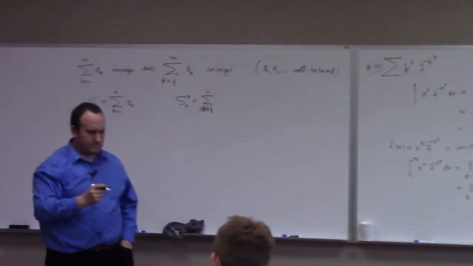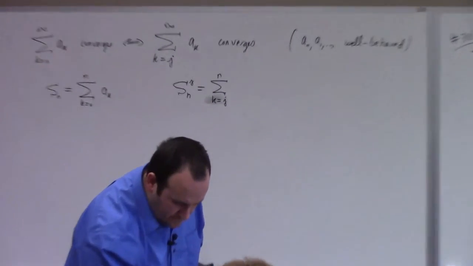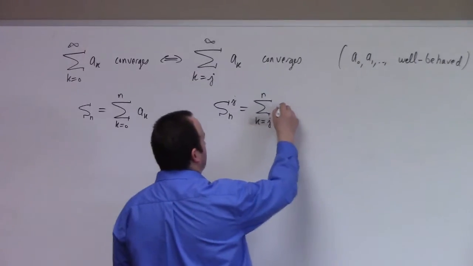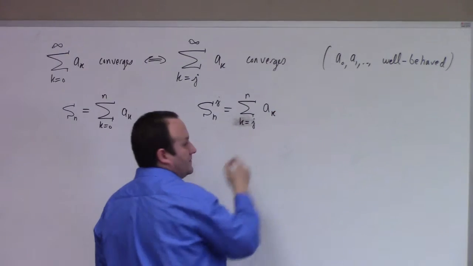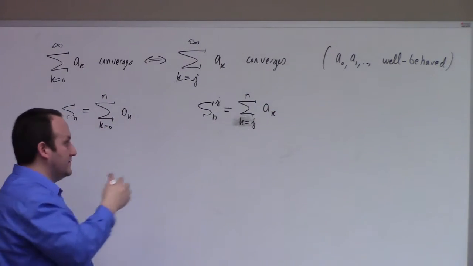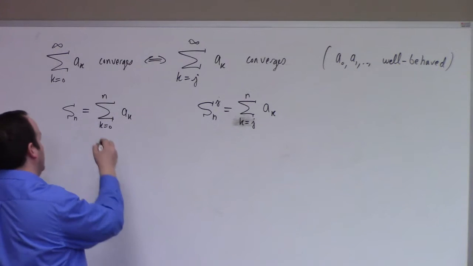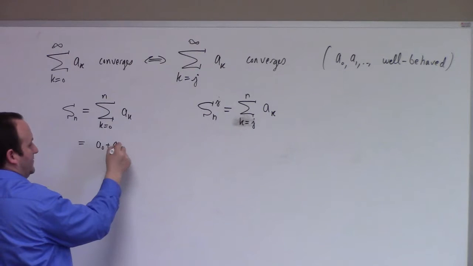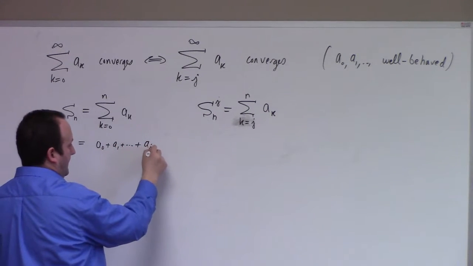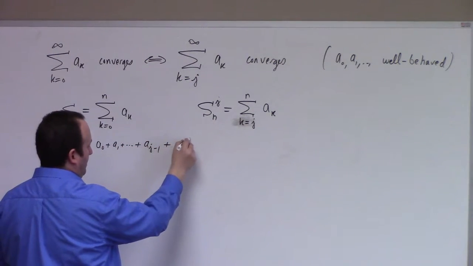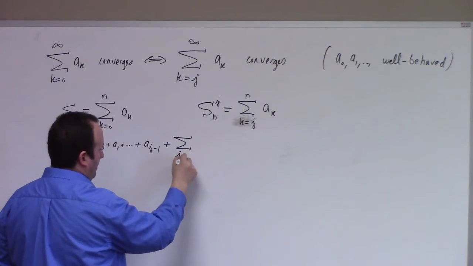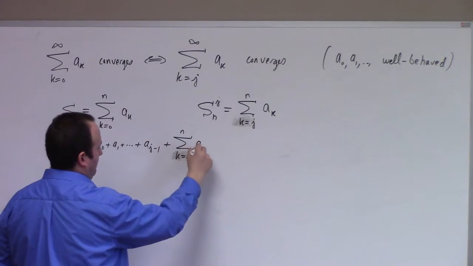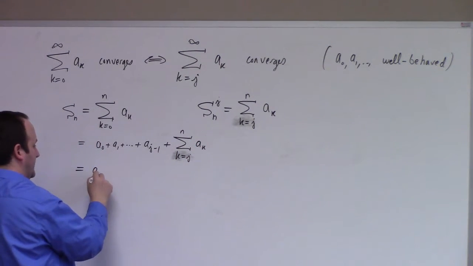And of course, a sub k. How are these related? Yeah, a1. In other words, this is a0 plus a1.